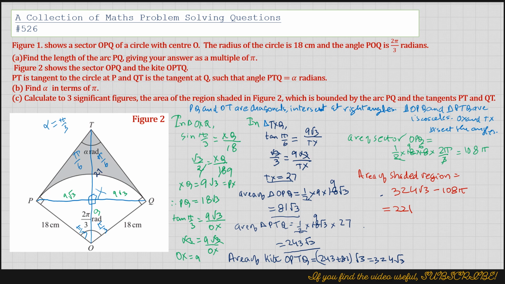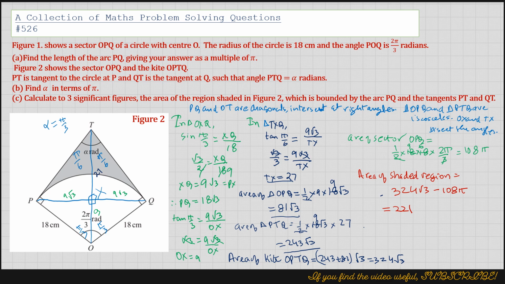So I must have got some error somewhere. So it's 560.52 minus 339.12.